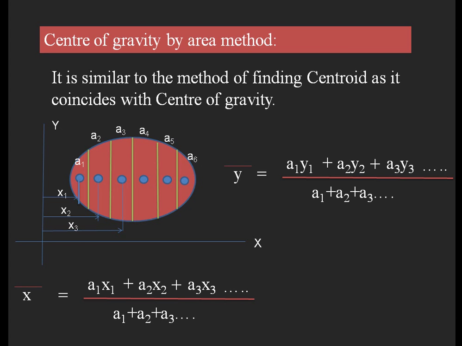Applying the same equation, x bar is equal to V1 x1 plus V2 x2 plus V3 x3 divided by V1 plus V2 plus V3. Here V means volume. Similarly, y bar, the y component of the center of gravity of the solid body, is determined by considering the volume of each part.